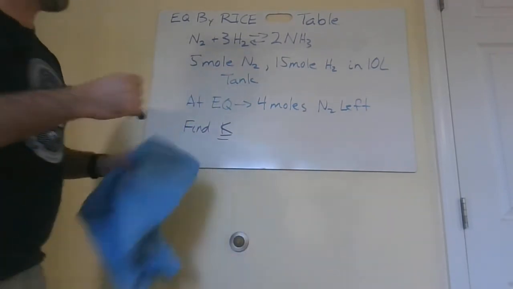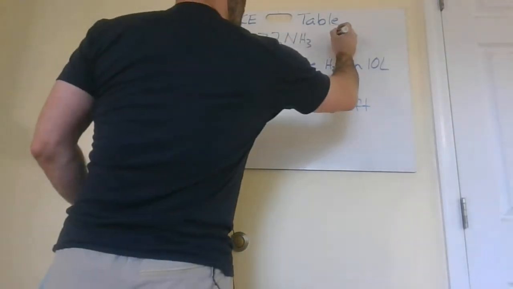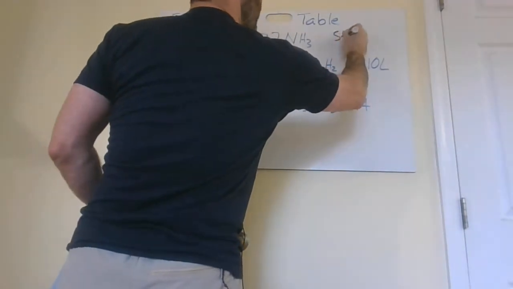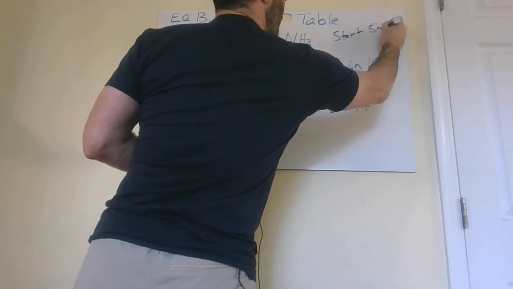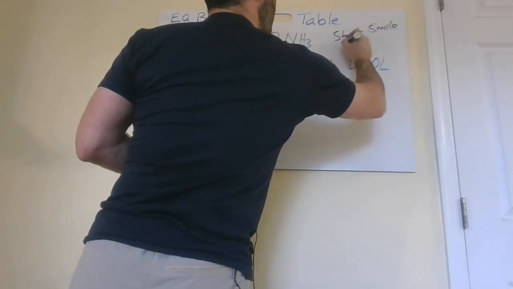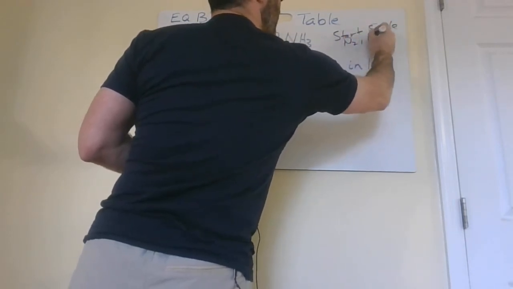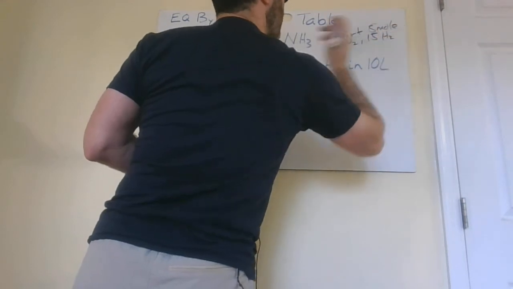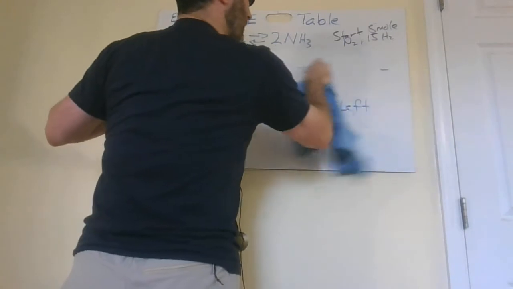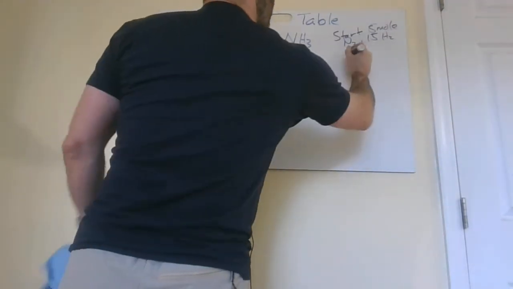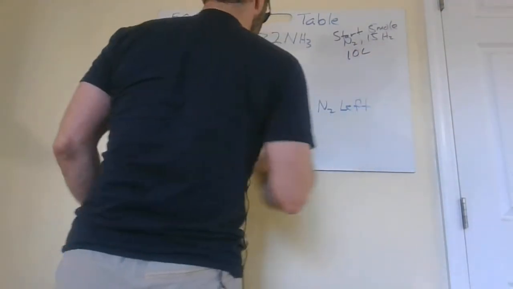So I'm going to make a couple notes here. Start: 5 moles N2, 15 of H2. It's a 10-liter tank.